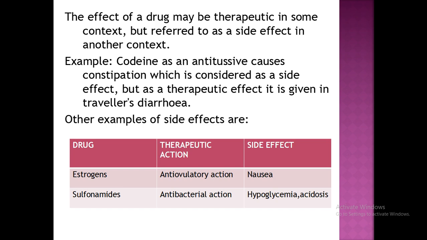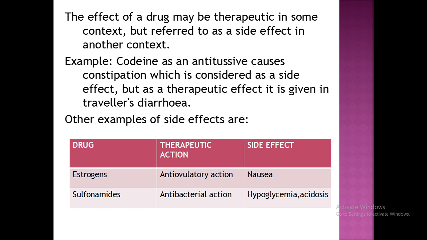therapeutic effect. Another example for such scenario is minoxidil, which was actually used for hypertension, but it used to give a side effect of excessive hair growth. So they started using minoxidil for hair growth purpose.